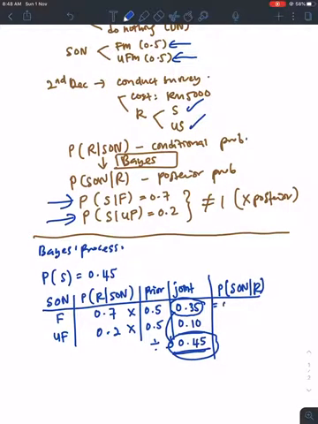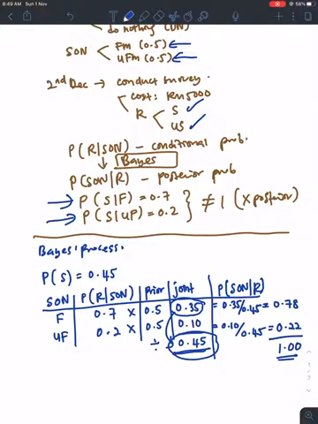So, in this case, 0.35 divided by 0.45 and then 0.10 divided by 0.45. Using a calculator, we get the value for favorable 0.78 and for unfavorable, of course, the complement is 0.22. So, the total probability for posterior is 1.00.